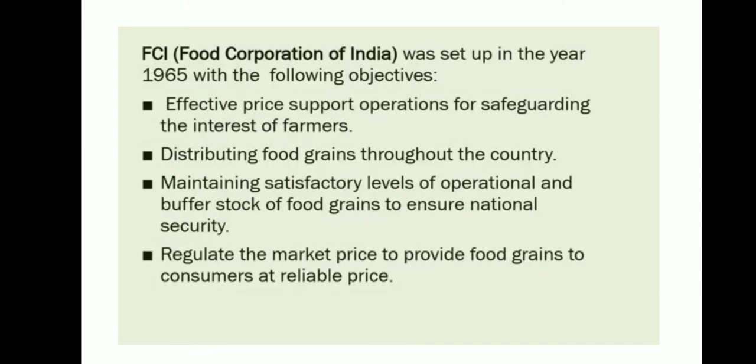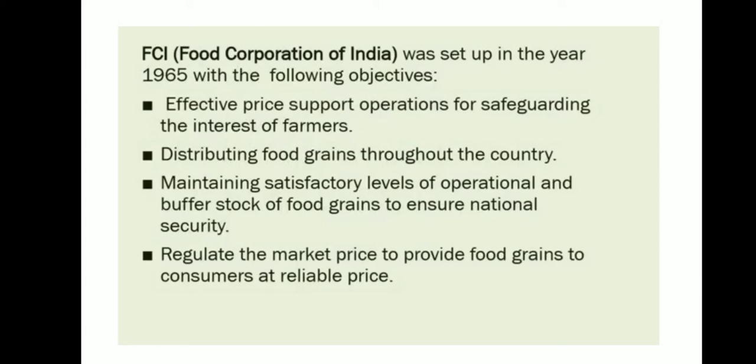Likewise, distributing the food grains, so that the grains are taken all over the country without any shortage, and also maintaining satisfactory levels of operational as well as buffer stock of food grains. So here national security is maintained for the food items.